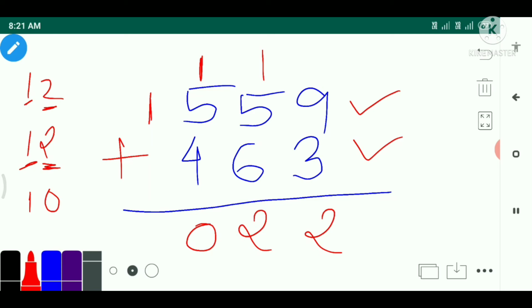So in thousand place value only 1 is there, so we can write 1 here directly. Okay, so total how many children are there? 1022 children are there. Okay, so 1022 children bought books in the 2 days.